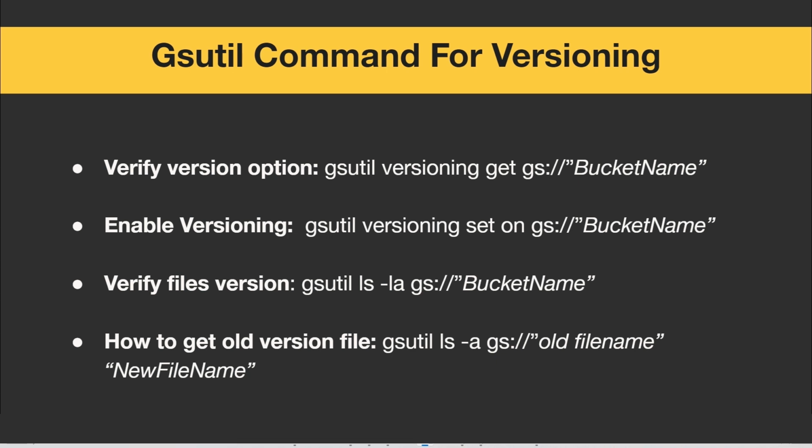If you want to enable versioning, you use the same command, but instead of get you will use set. To verify file versions, use gsutil ls -a gs://, and to get the old version of a file you can also use the gsutil ls -a command. We will perform these versioning labs hands-on later in this course.